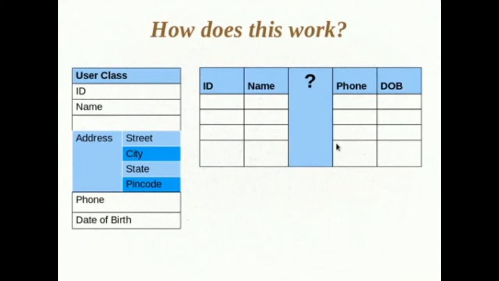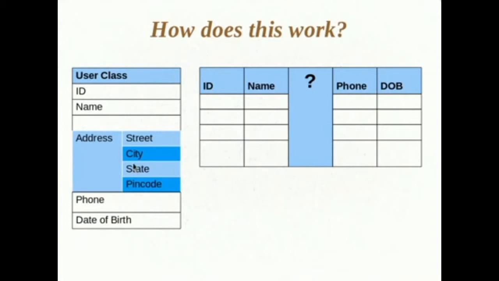We'll look at the simplest implementation for this scenario in this tutorial, and we'll look at a little bit more advanced implementations later on. But as of now, the simplest way to do this is to have each of these member variables of the object inside the user class also have separate columns.